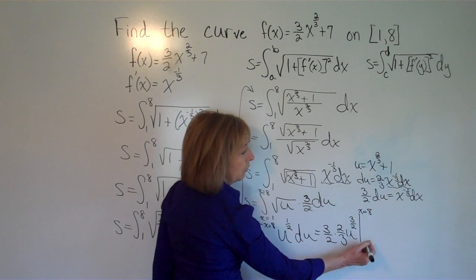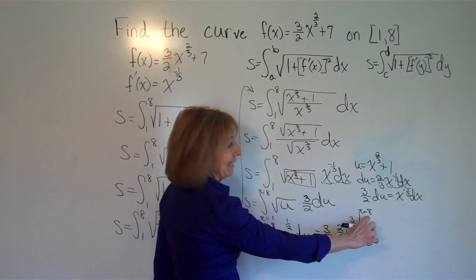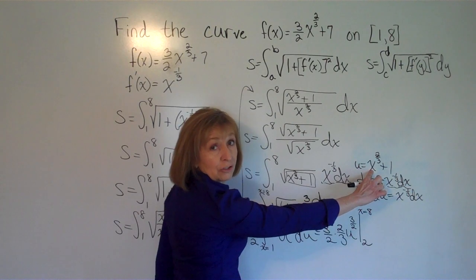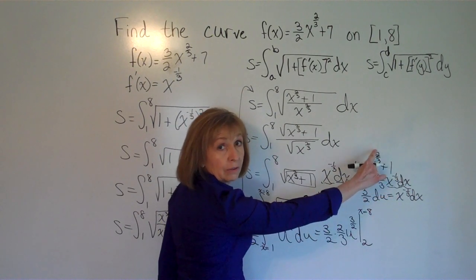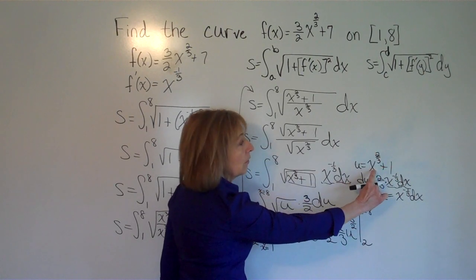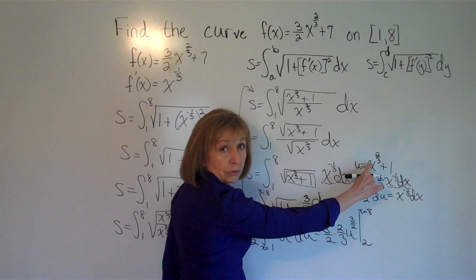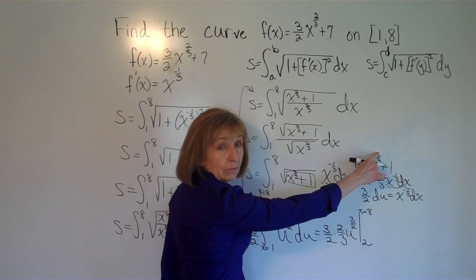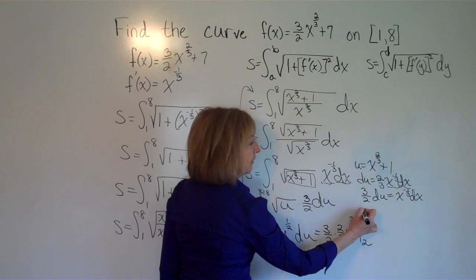So then x equals 1 changes to u equals 2. If x equals 8, 8 to the 2/3. Remember, the denominator of the fractional exponent is the root and the numerator is the power. So 8 to the 2/3 would be the cube root of 8, which is 2, squared, which is 4. And then 4 plus 1 gives me 5.